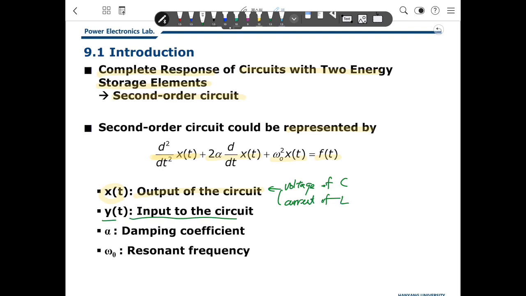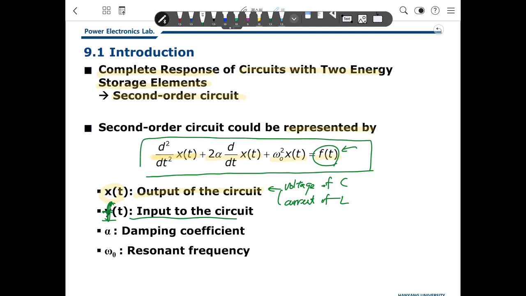And f is the input to the circuit. This is the forcing value, for example the voltage source or current source value. When you derive the second order differential equation from the circuit, we put it in this form. Alpha is the damping coefficient, and omega 0 is the resonance frequency.